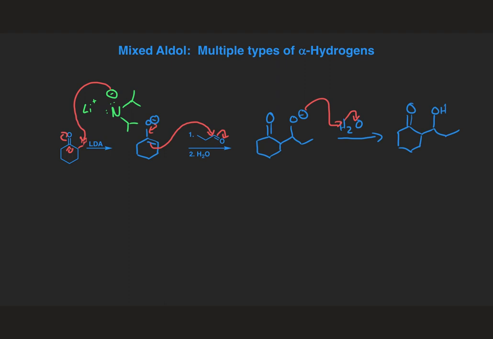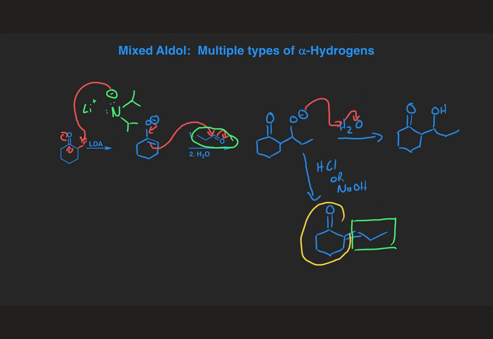If, however, we used in step 2 either acid or base, we would expect this to generate the alpha beta unsaturated ketone instead, which would look like this, where this part of the molecule came from the aldehyde here, and this part of the molecule came from cyclohexanone here.